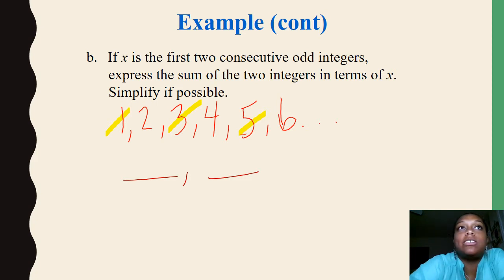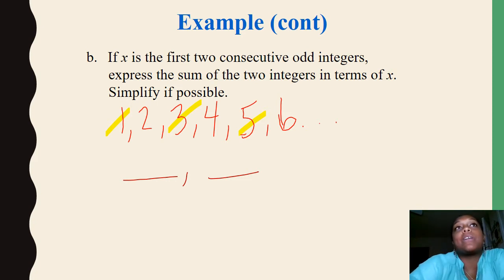Good question. Well, I know that an odd number is always going to be one less than an even number. And I know that all even numbers are multiples of 2.